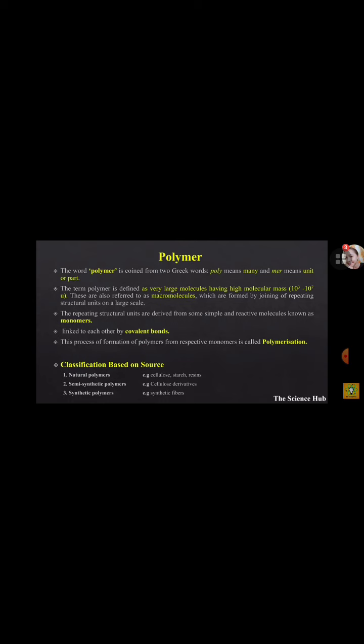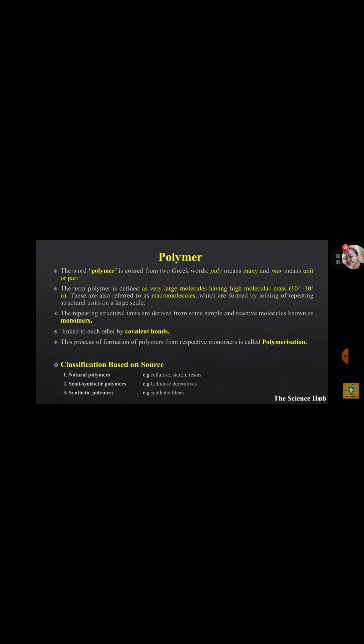The repeating structural units are derived from some simple and reactive molecules known as monomers, linked to each other by covalent bonds. This process of formation of polymers from respective monomers is called polymerization.